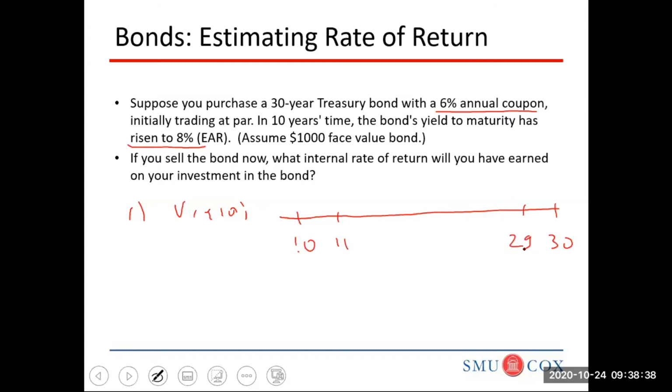The coupon is 6% of the 1,000, so 60. And then the interest is 8%. What is the value of the bond in year 10?